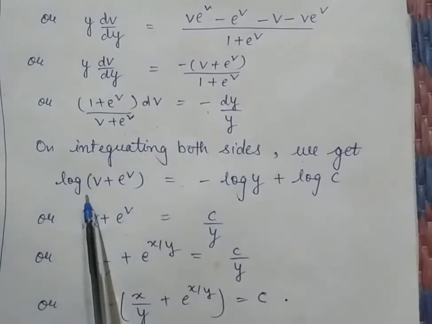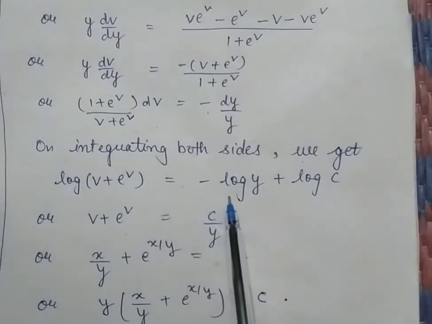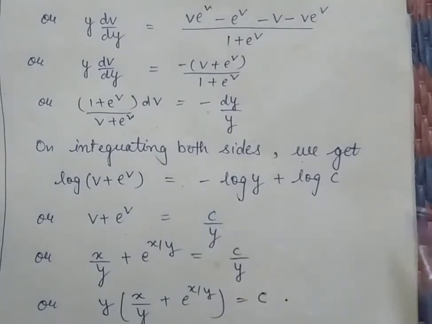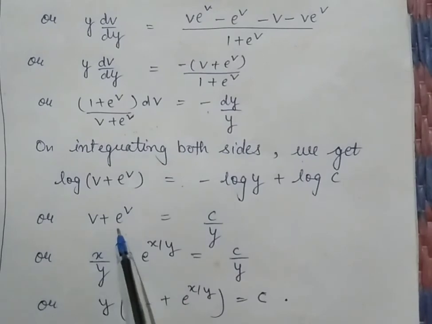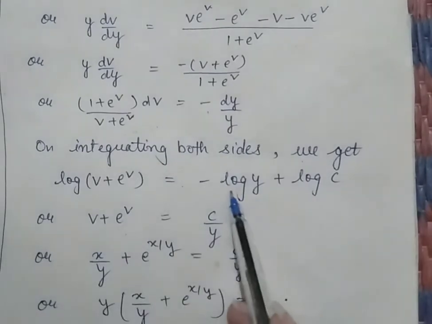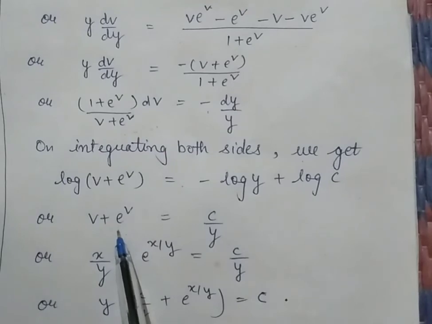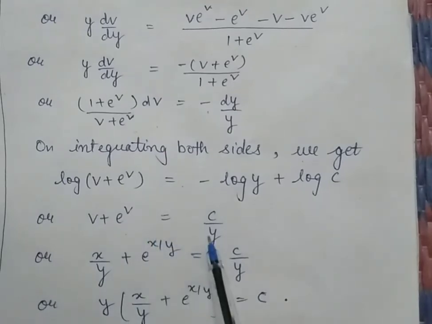So this is log of (v plus e raised to the power v), which is equal to minus log y plus log c. By property, this is log c by y, and log will cancel out, and I am left with v plus e raised to the power v equal to c by y.